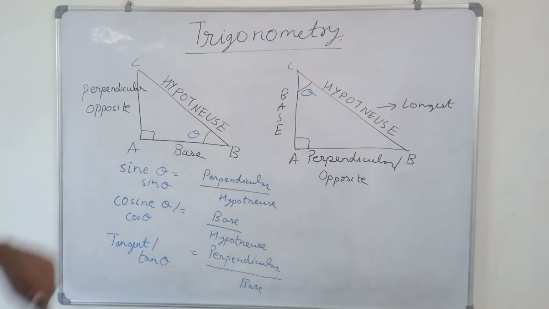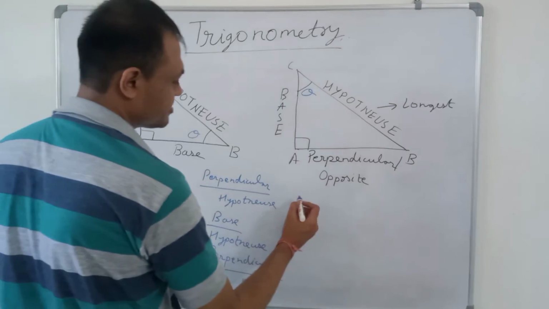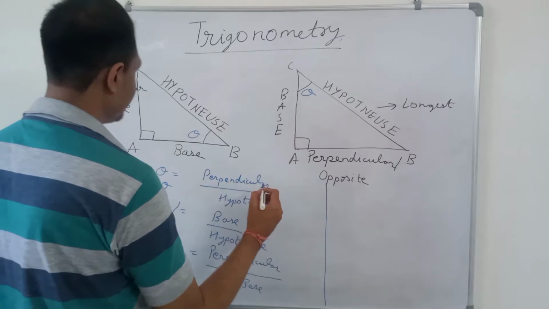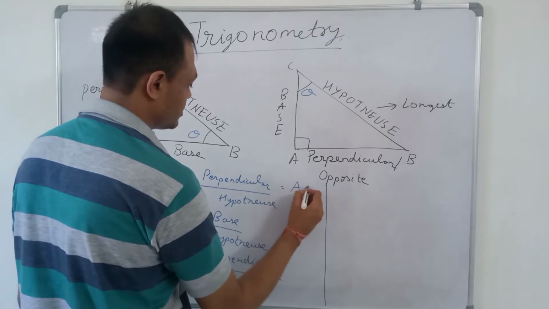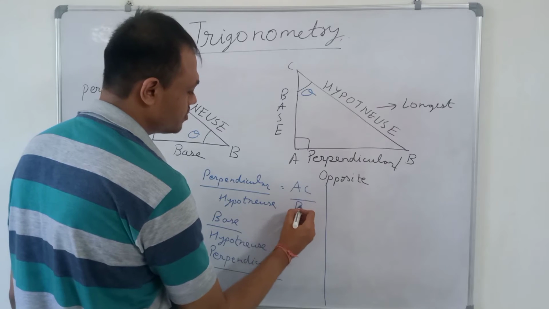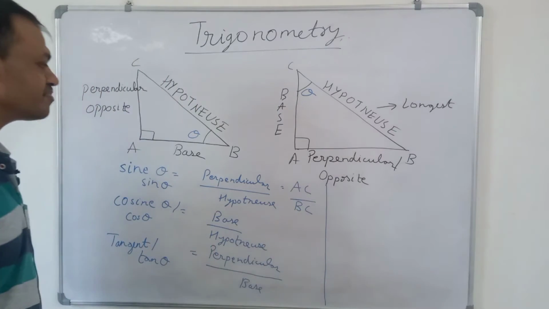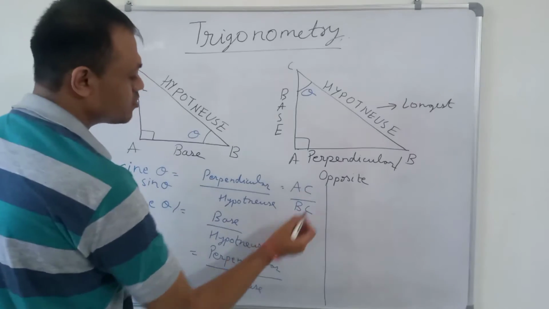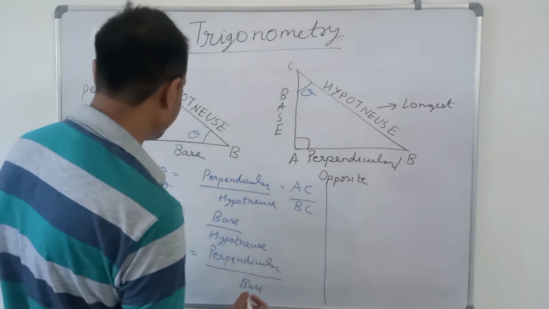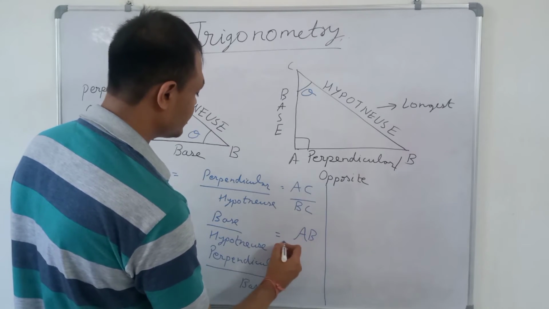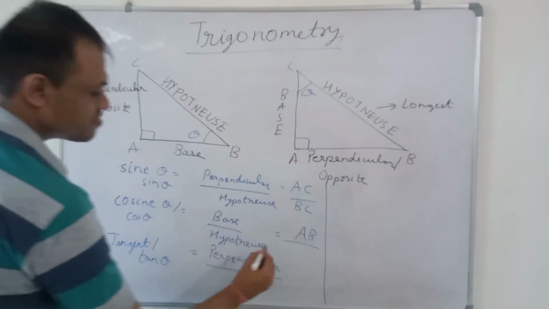So in the first figure, perpendicular is AC and hypotenuse is BC. So sin theta is equal to AC upon BC. Theta is this angle. Cosine theta is equal to AB upon hypotenuse BC.